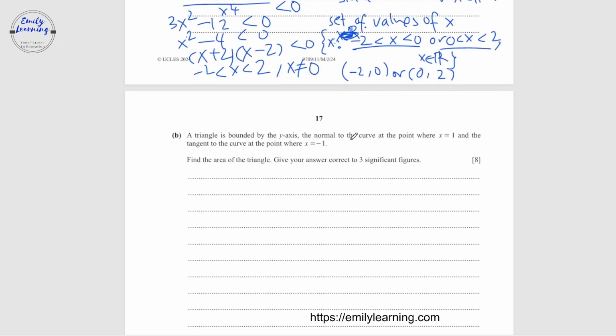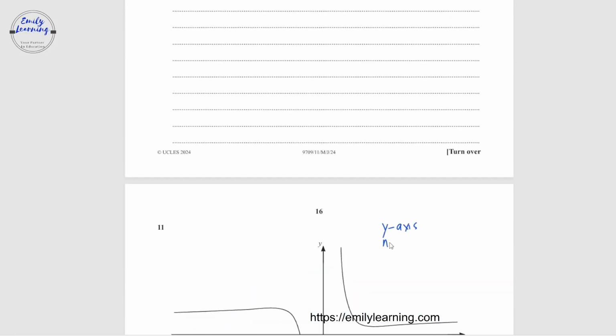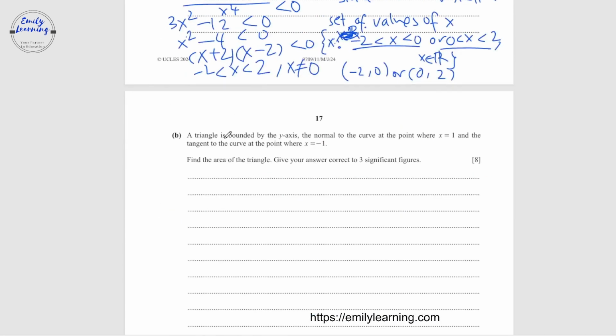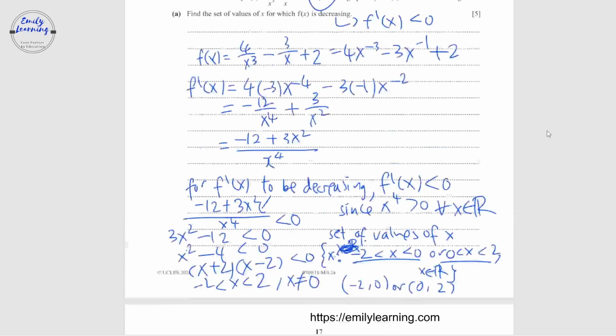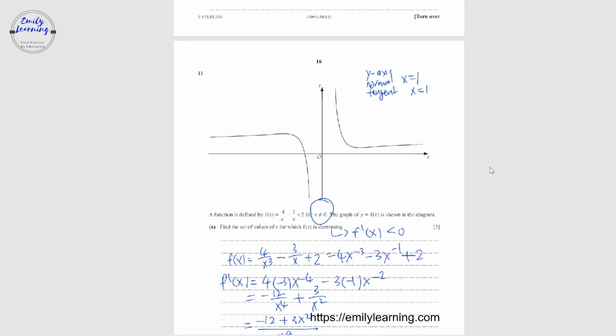Normal to the curve at x equals 1, and tangent to the curve at x equals minus 1. So let's look at this.